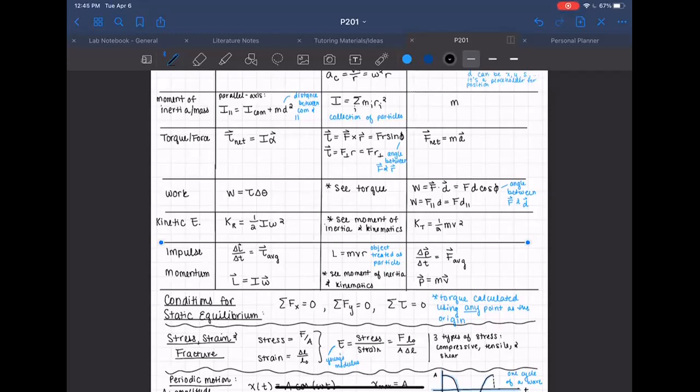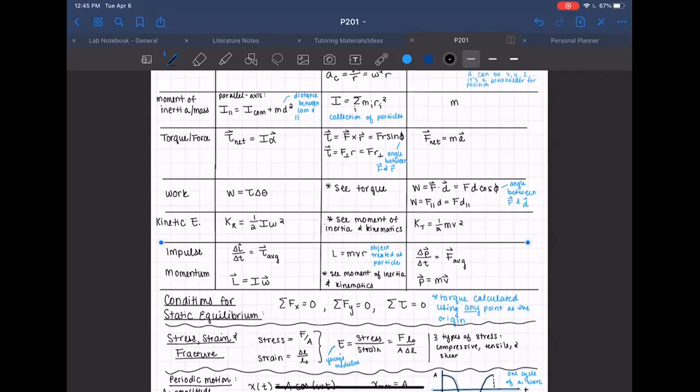So all of those little asterisks that I have, like C torque, and the one below that, C moment of inertia in kinematics, you'd basically just be plugging in conversions that I already have listed above.